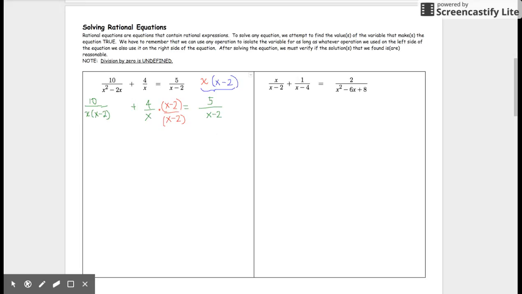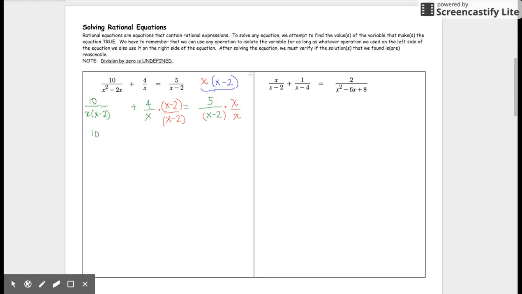All right, let's move on to 5. The denominator of 5 is x minus 2, and so it is missing the x. So we multiply this by x over x. If we do that, then we see that the denominator is x minus 2 times x. It contains all the distinct factors that we found in the original equation in factored form. All right, now let's rewrite this.